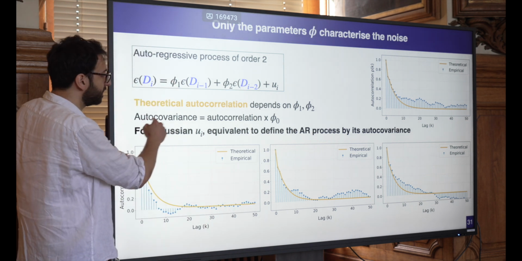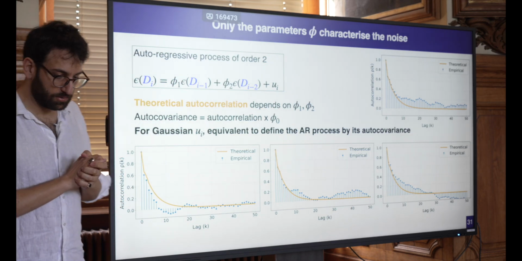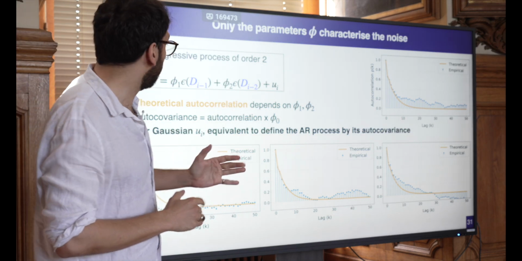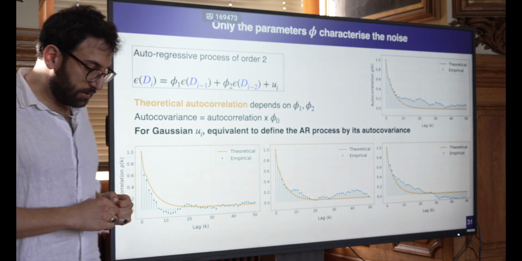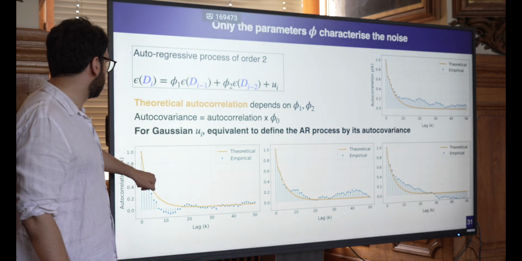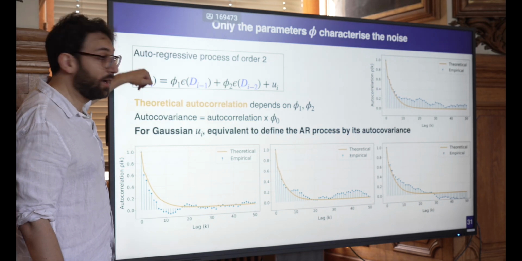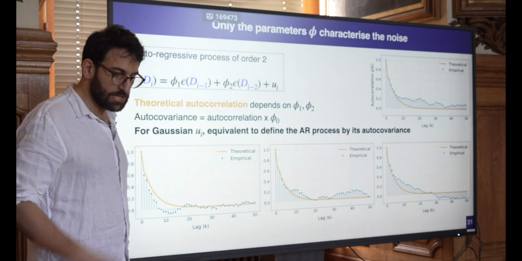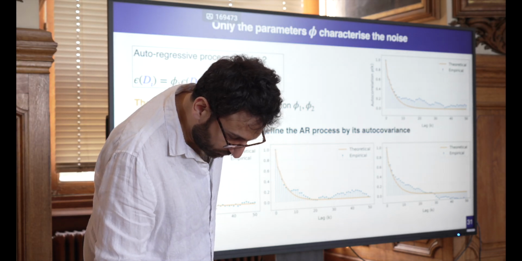So autocovariance is the autocorrelation times the variance of the Gaussian innovation. So when you say this, you say this. You have the same information in both, and this will be important later.